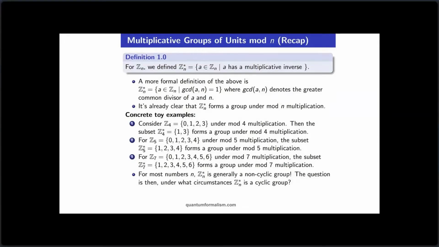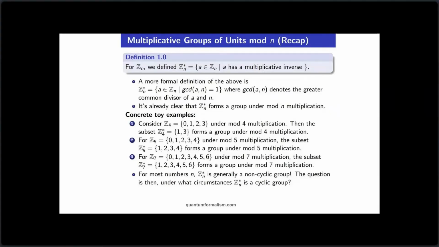The same with Z5 under mod 5 multiplication: the subset Z5 star, made of all the non-zero elements of Z5. The claim is that under mod 5 multiplication, this is a group too. And interestingly, the same for mod 7.